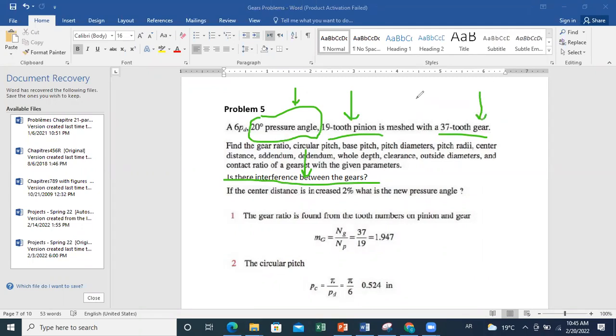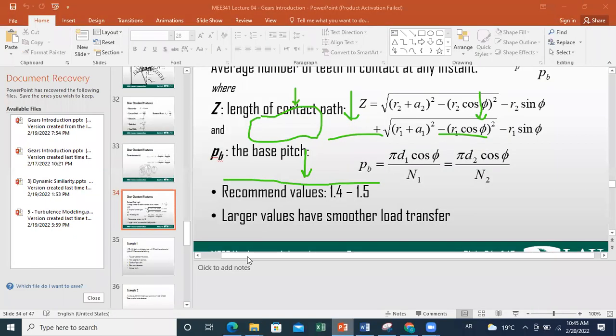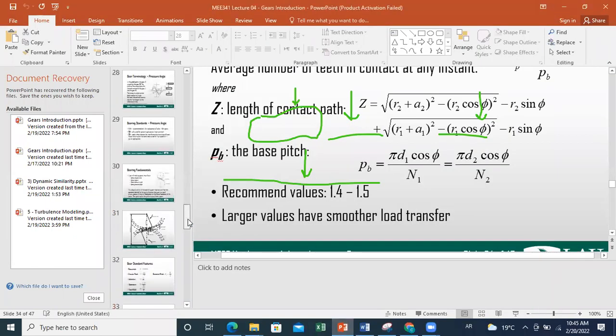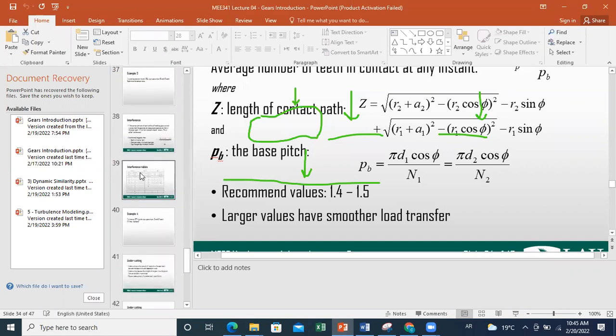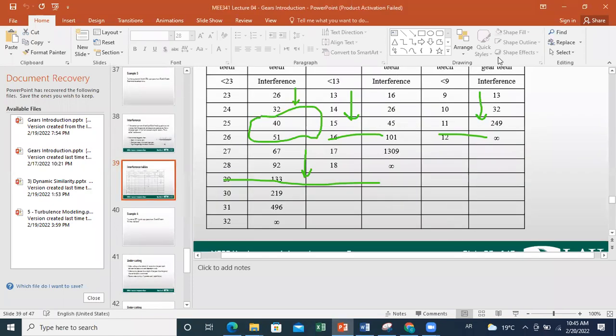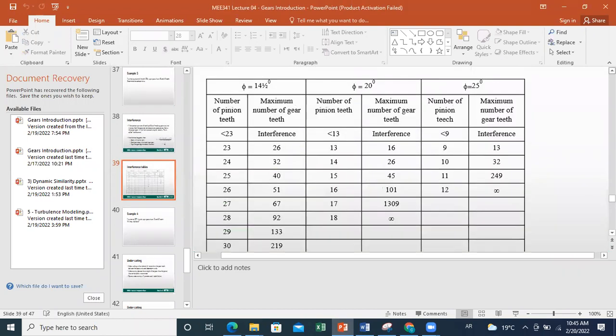So I go back to the table of the course material for interference. This is my interference table. My first input is the pressure angle.